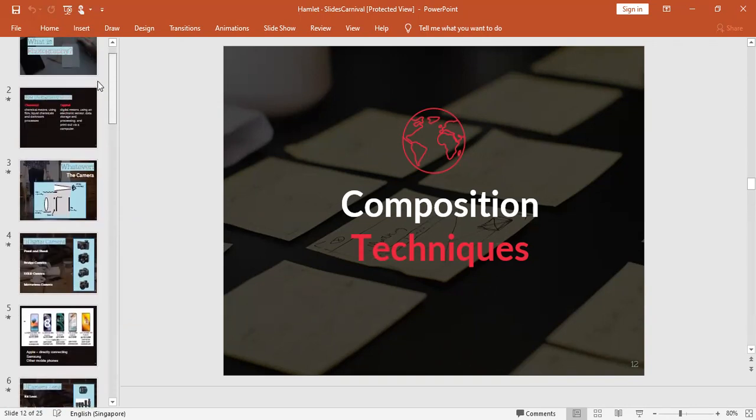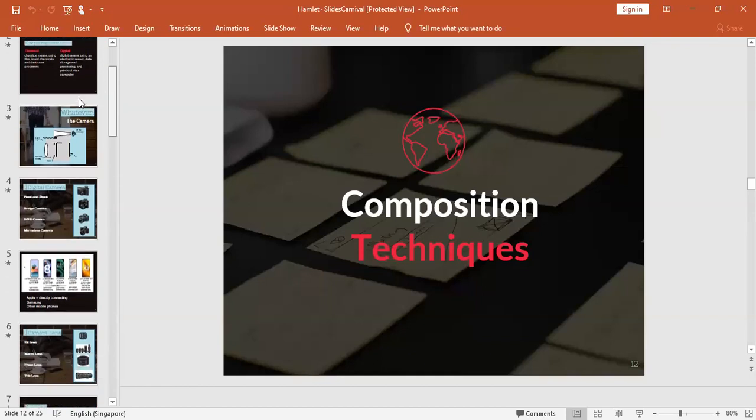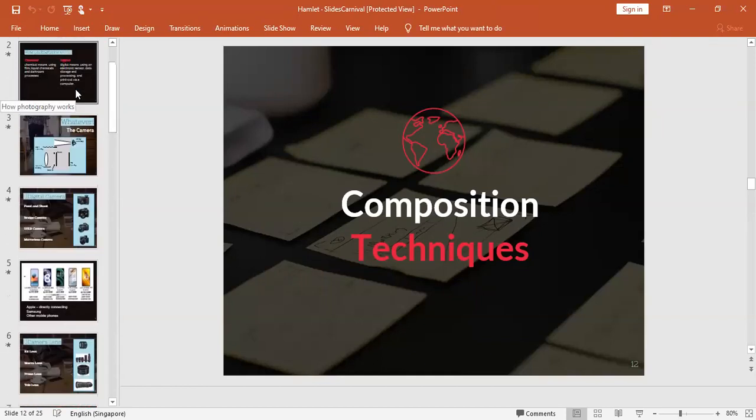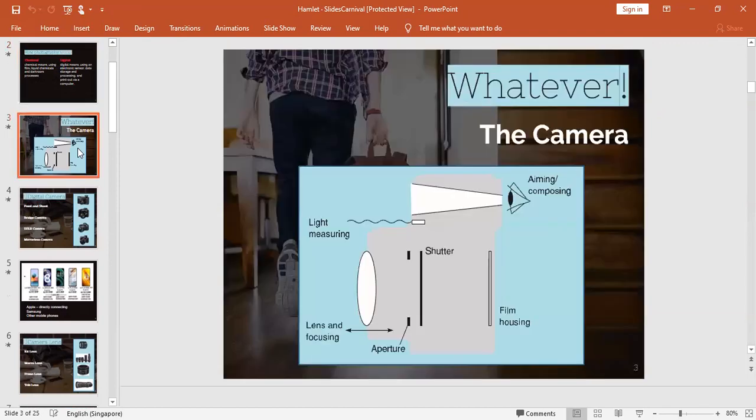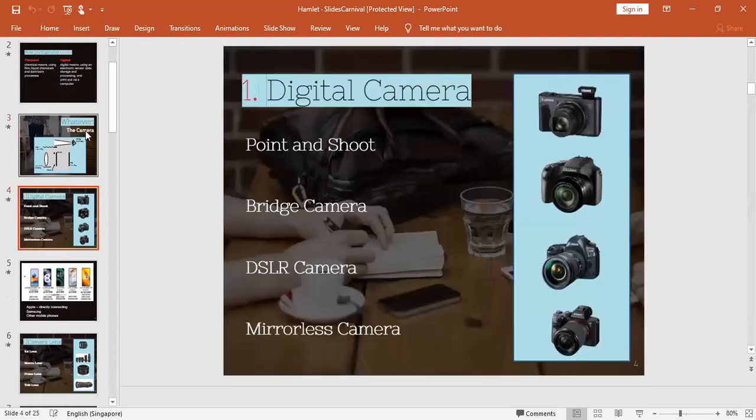I was explaining the differences between the chemical film roll camera and a digital camera, the method and how a camera works, and camera models and mobile phone models.